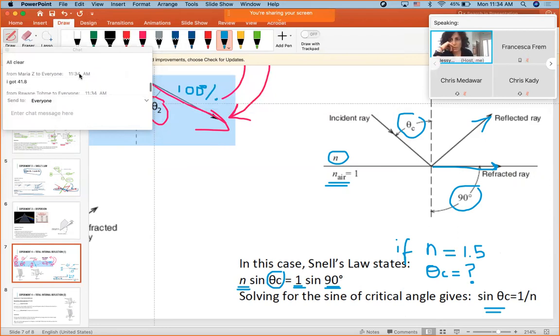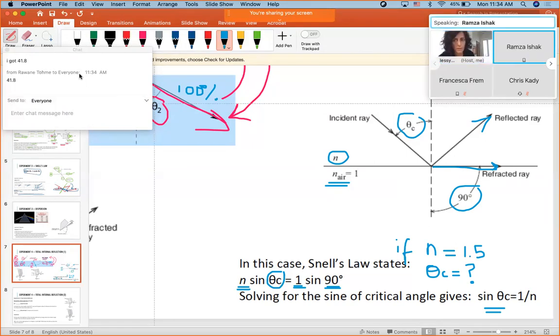All right, so I have some answers from Maria, from Rawan. Anyone else? Ramza, are you having any connection issues? Any calculation issues? Same answer. Same answer? All right. I can't hear you, you're glitching. 41.8. Okay.